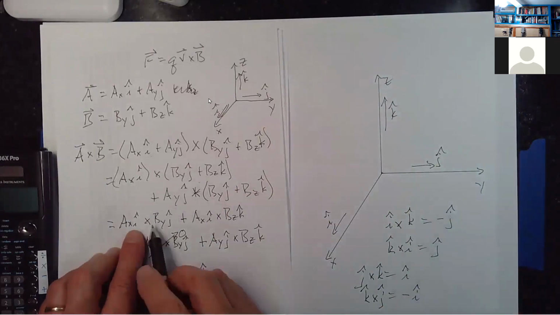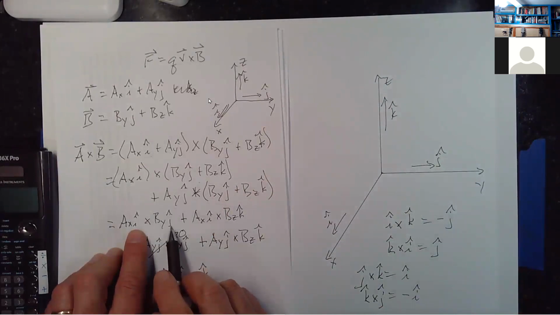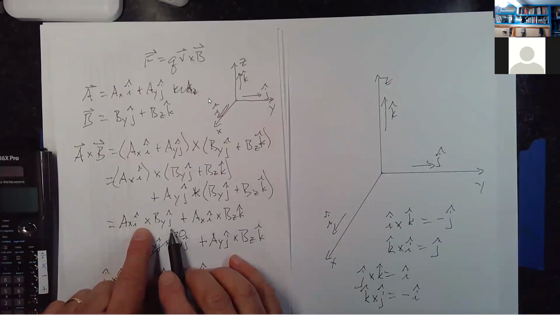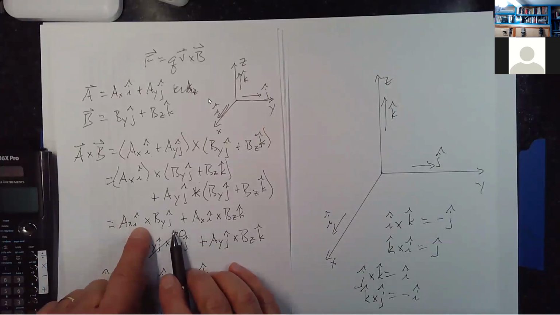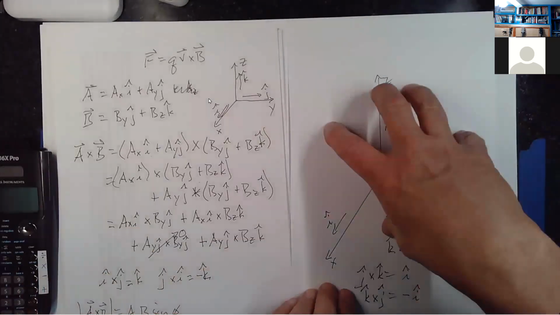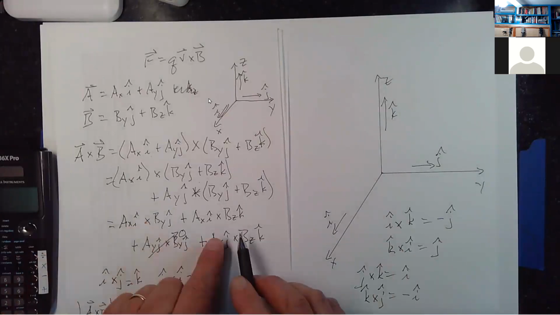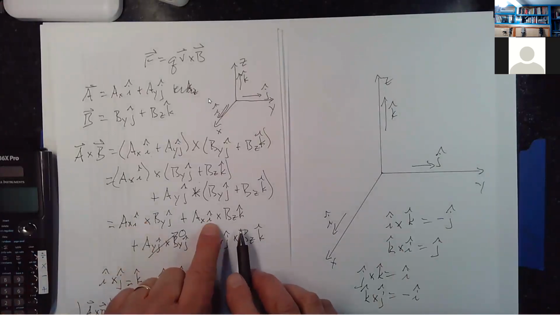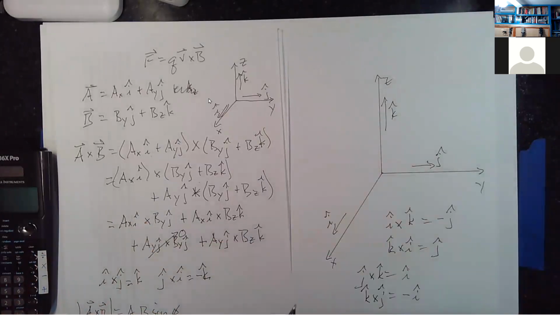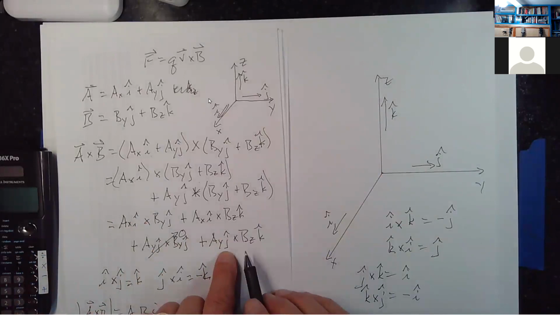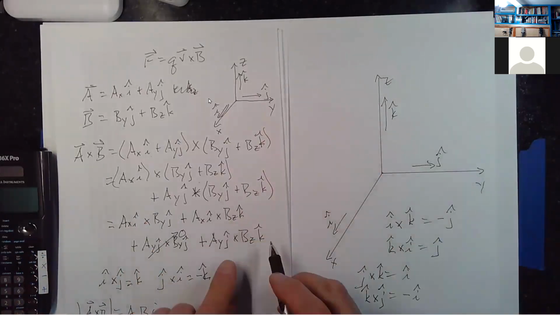So this i hat cross j hat term here, that'll point in the k hat direction. And it doesn't hurt, every time you do one of these things, to not try to memorize it, but try to figure it out. So this will point in the k hat direction. i hat cross k hat, that'll be in the negative j hat direction. And then j hat cross k hat, that'll point in the i hat direction.